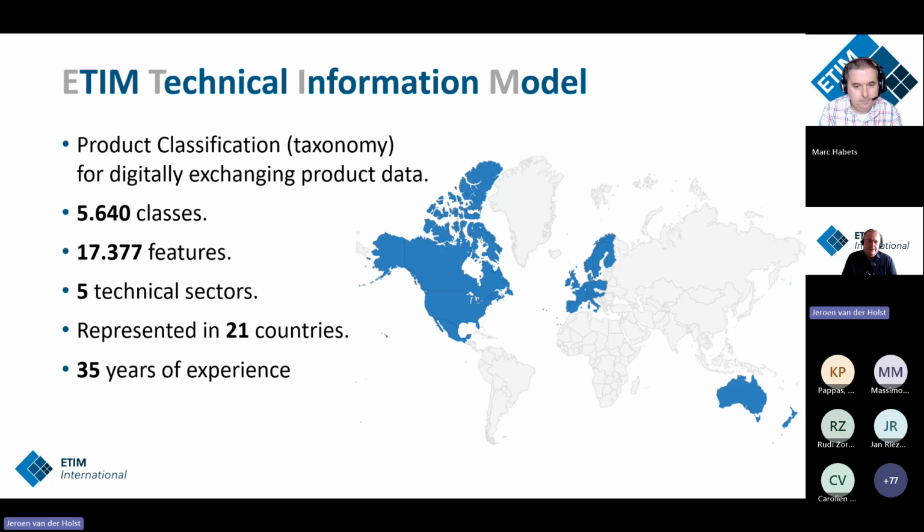It took us over 35 years to build this database and the network of organizations supporting this. Product classification is nothing more than a taxonomy, which is similar to categorizing the animal world or library books, but we do it with technical products. We have now come to describe over 5,640 product families using over 17,000 individual feature descriptions.